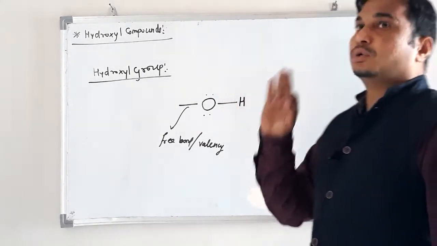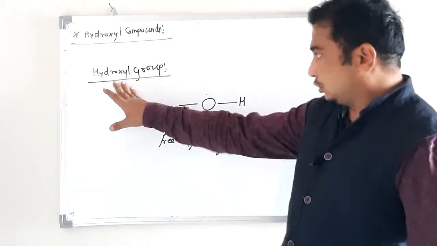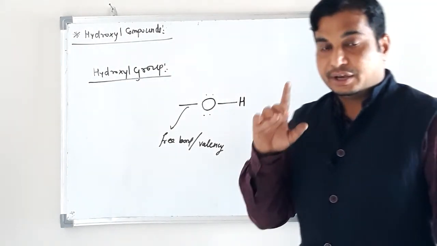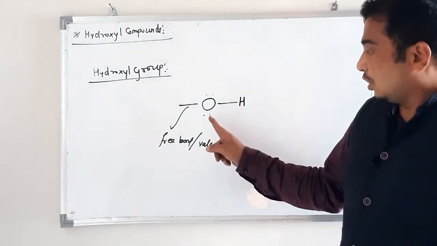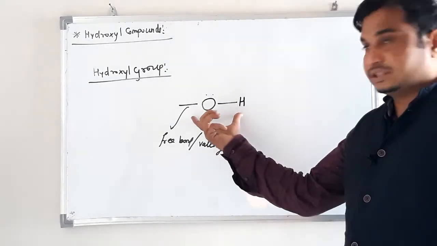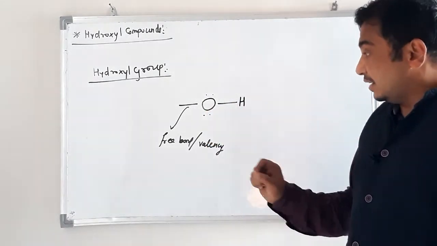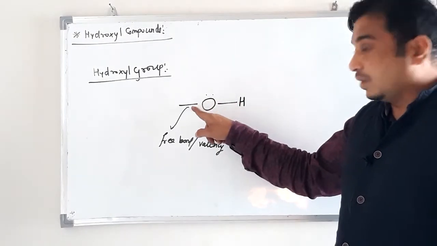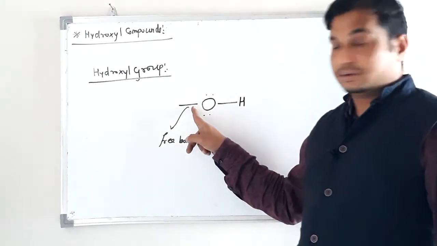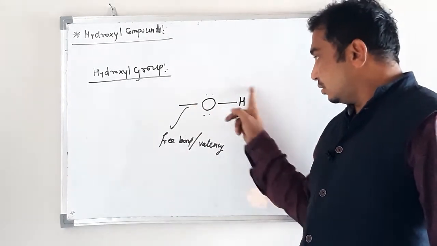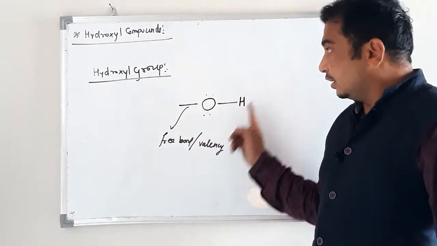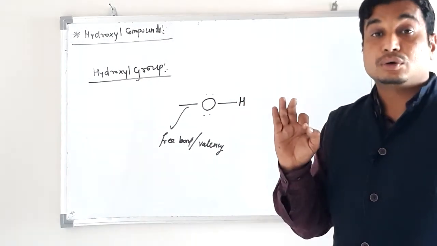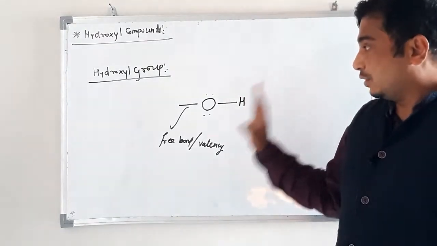It is a functional group containing oxygen. Hydroxyl group is a functional group containing oxygen, in which oxygen is divalent, but one valency of oxygen is satisfied by hydrogen and the second is free. Then this structural unit, or structural moiety, is known as the hydroxyl group.